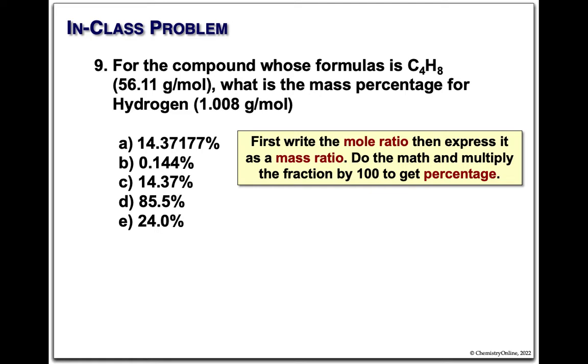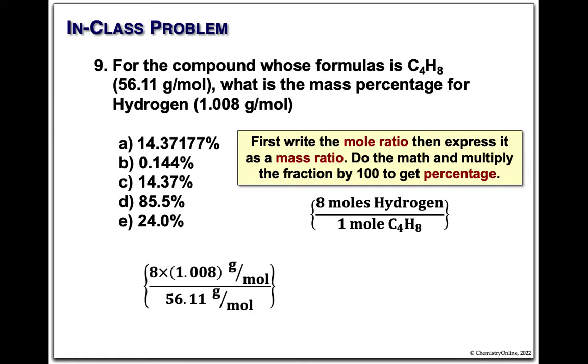So our equation for this is going to be simply 8 times 1.008 divided by 56. 8 moles of hydrogen for every mole of this stuff. 8 times 1.008 divided by 56. Multiply this by 100 to get percent. There it is. 14% hydrogen by mass.